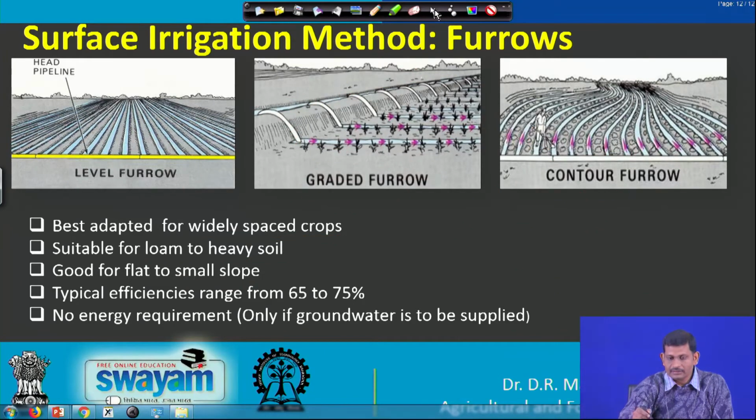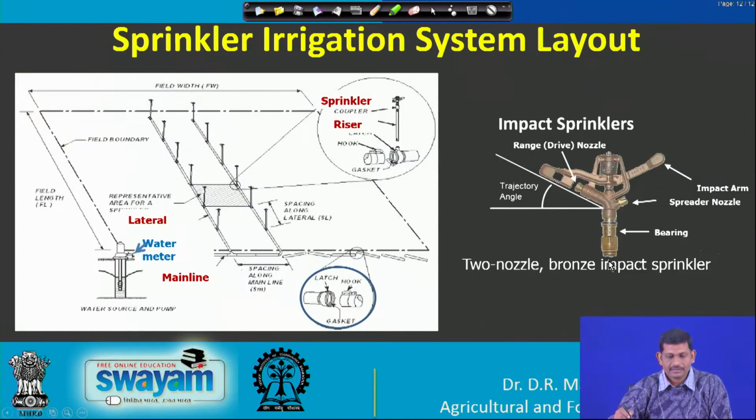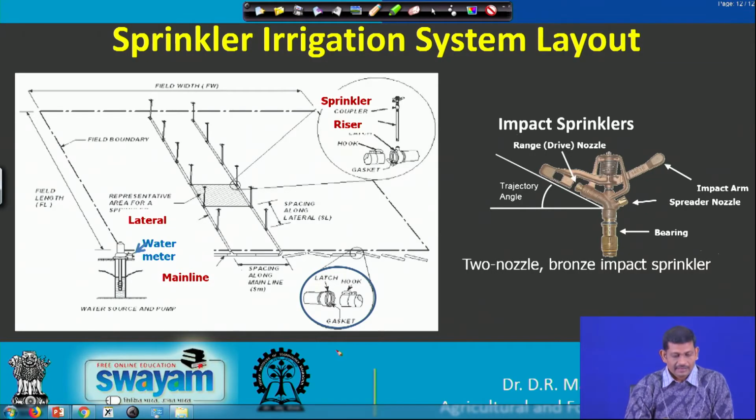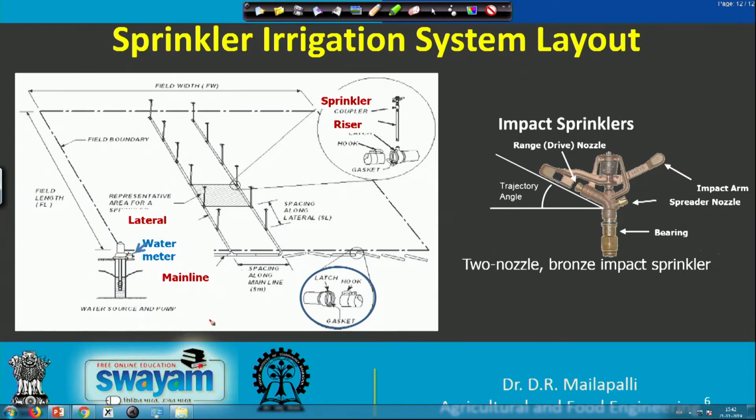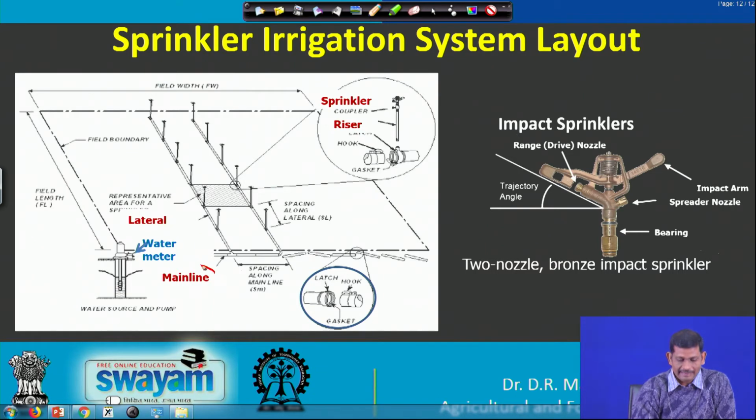Okay, the next is sprinkler irrigation. The sprinkler irrigation setup consists of the main line, through which all the laterals follow. On each lateral there will be a riser pipe, and each riser pipe will have a sprinkler head on top.